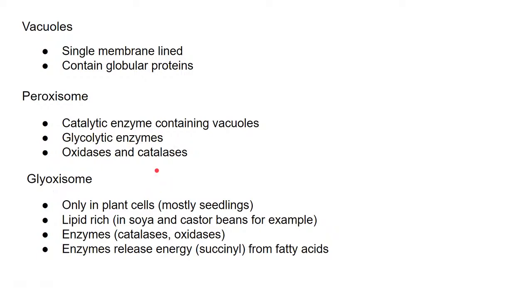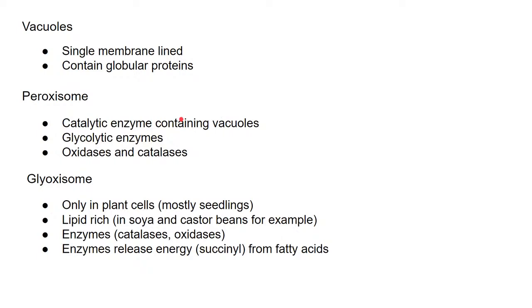So what does a peroxisome do? It senses, okay, there's H2O2 being produced here. It's a reaction that produces H2O2. It will go and attach to that reaction, release enzymes such as oxidases and catalases to break down H2O2 into H2O plus O2, which is water and oxygen, which is useful for us, right? That's what a peroxisome does.